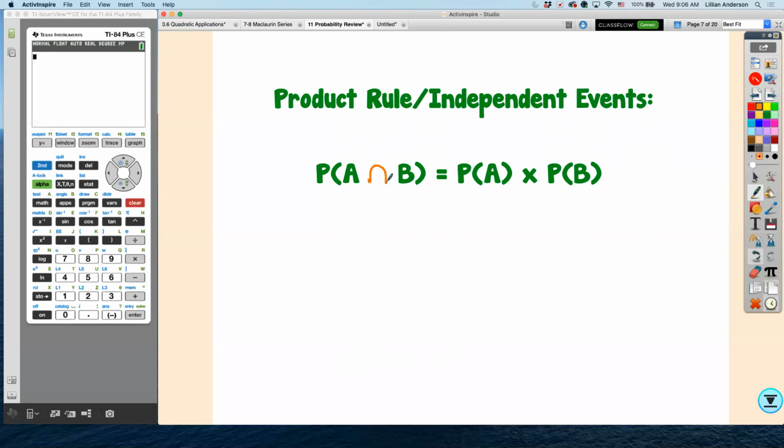So if I roll a die and I roll it twice, the outcome of rolling it the first time has no effect on the outcome of the second time. So if I want to find the probability of rolling 2 6s, well, probability of rolling a 6 the first time times the probability of rolling a 6 the second time, then I multiply them together. So I have a 1 out of 36 chance of getting a 6 twice.